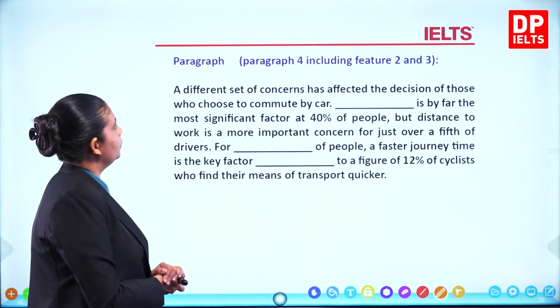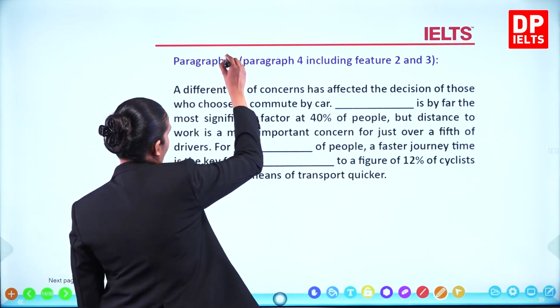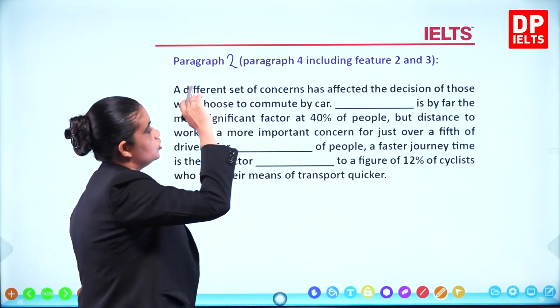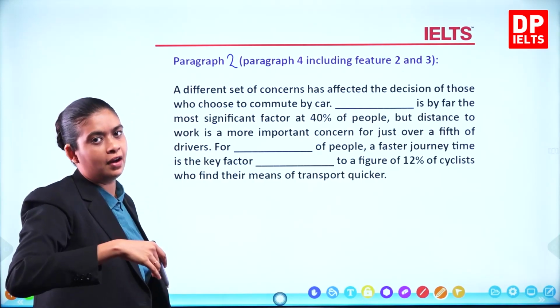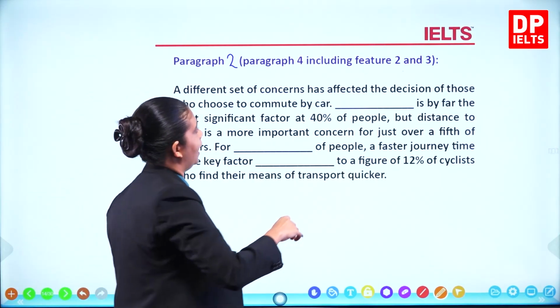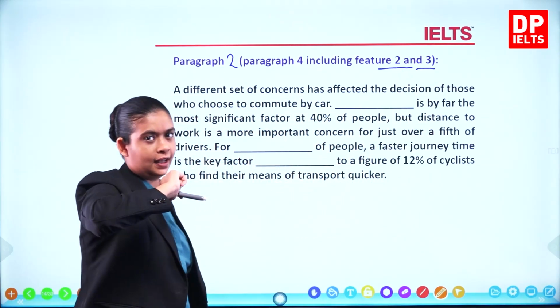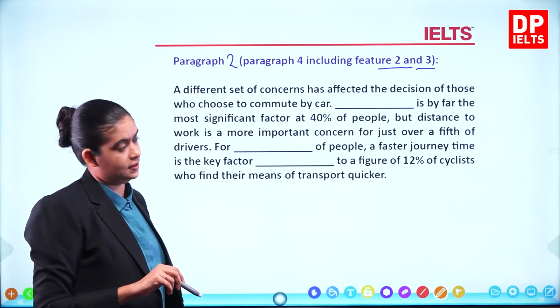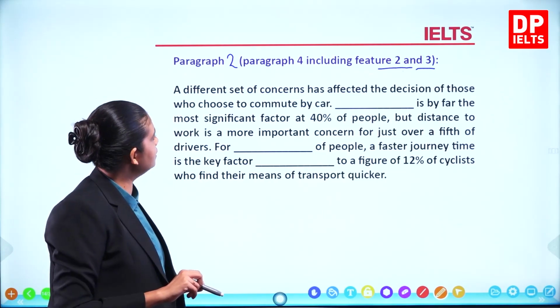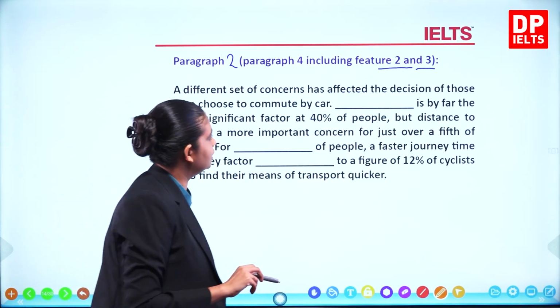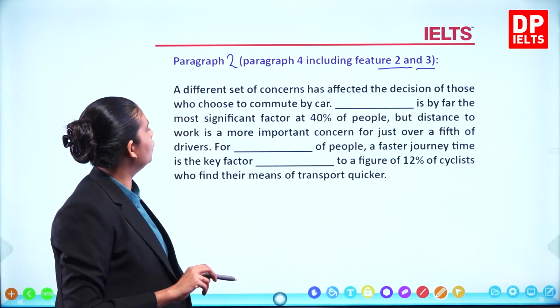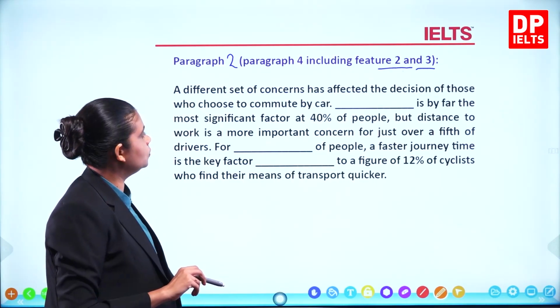Moving on, we are going to write the second paragraph, which is the fourth paragraph in terms of structure, and that will include feature 2 and 3 that we wrote in the first main trends. A different set of concerns has affected the decision of those who choose to commute by car.